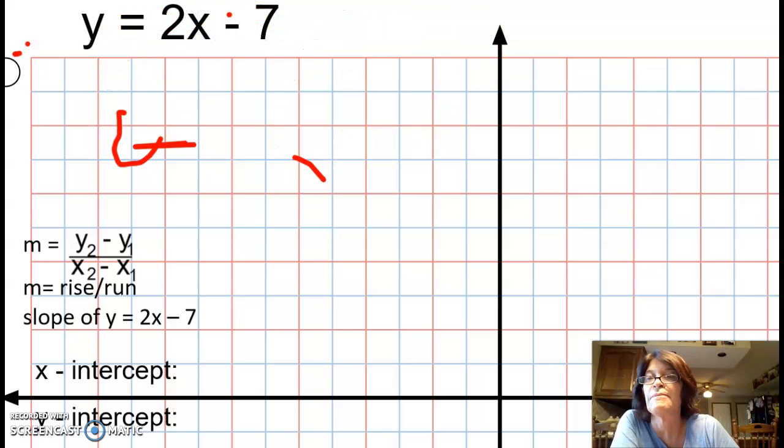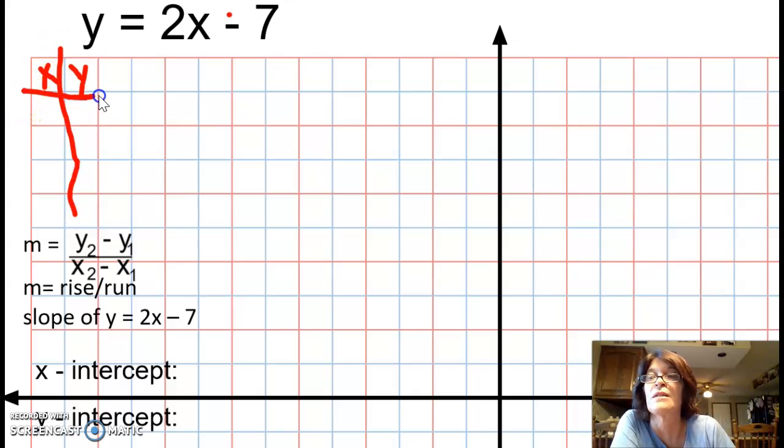And we're going to just pick anything we want for X and see what Y would be. Okay, so I have X and Y, and you guys pick whatever you would want. I can't hear you because this is a recording, so I'll just pretend like I know what you're saying.